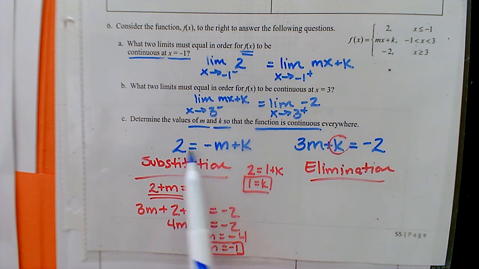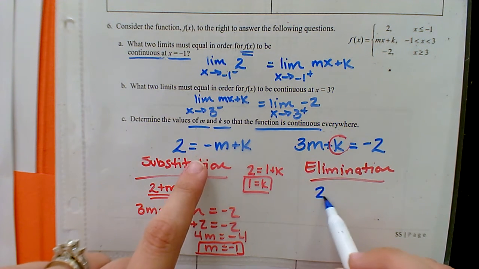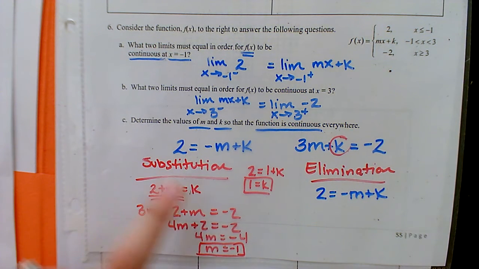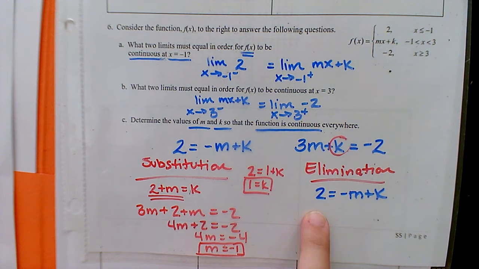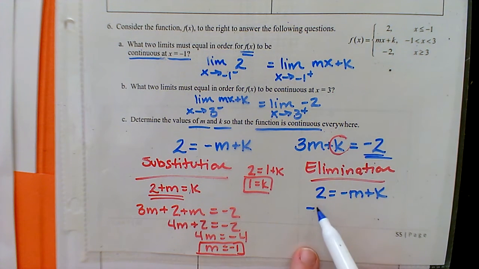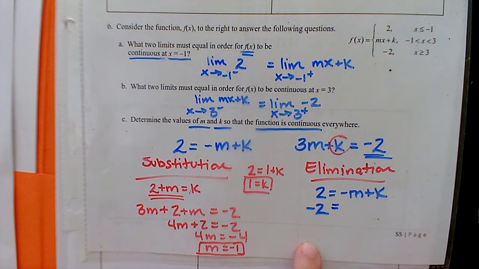We're going to take these 2 equations and line up every variable and number appropriately. So if we want to keep this equation the same, 2 equals negative m plus k, we need the number value from the other equation underneath this one. Notice that would be the negative 2, and then the equal sign.